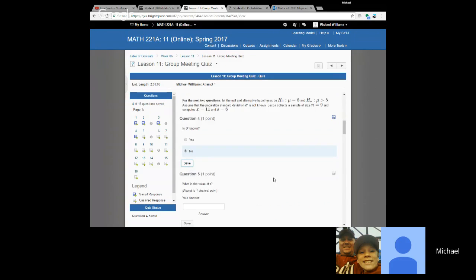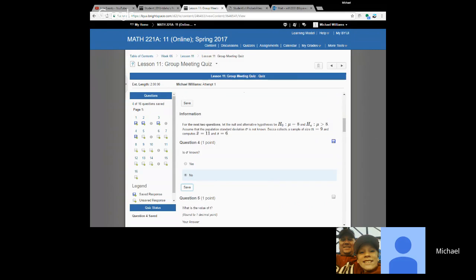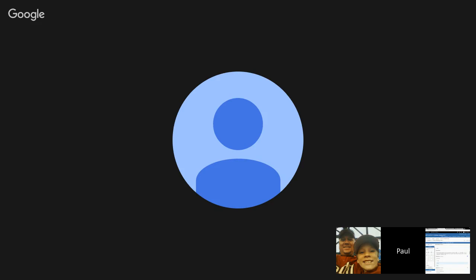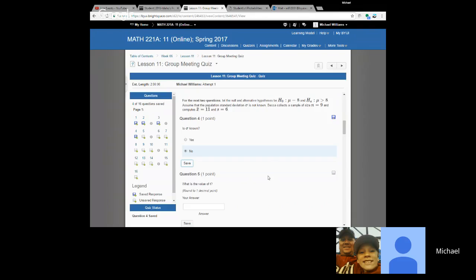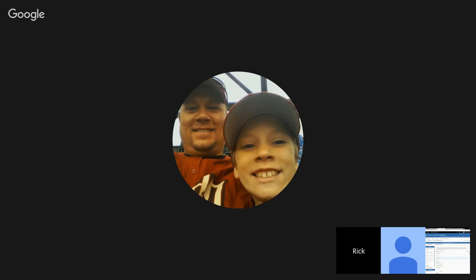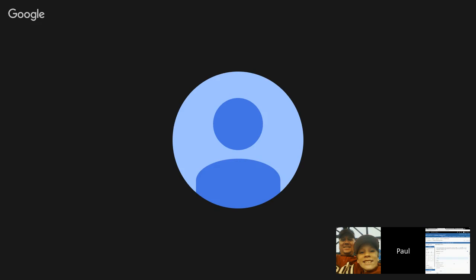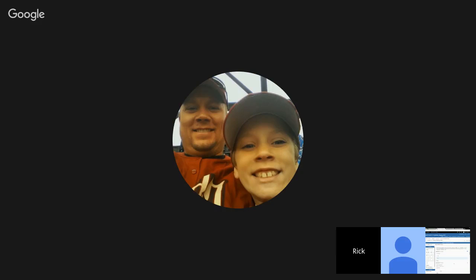With the value of t, for that we need the applet, right? No, that one you do t equals x minus the population mean, divided by the standard deviation divided by the square root of n. It's all given up there.